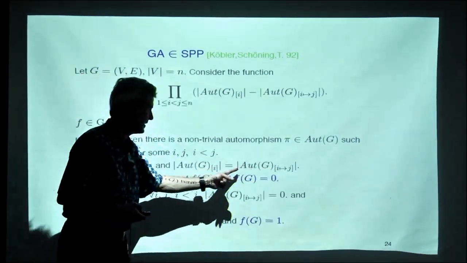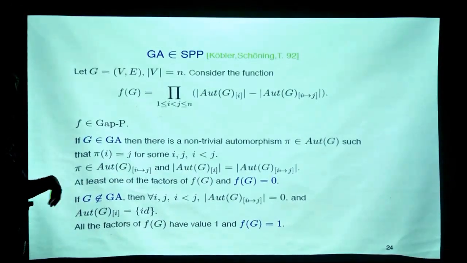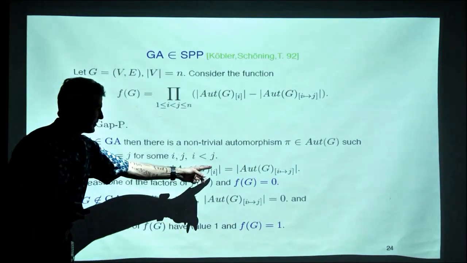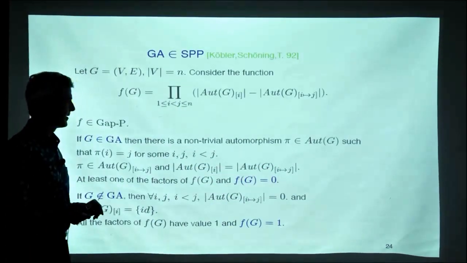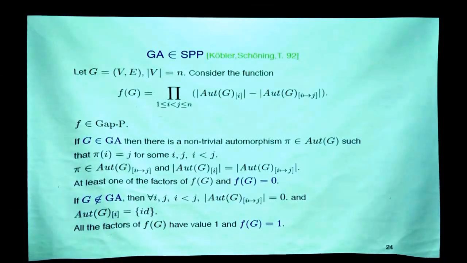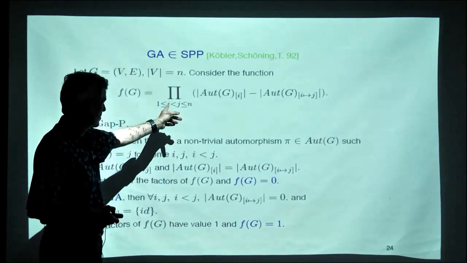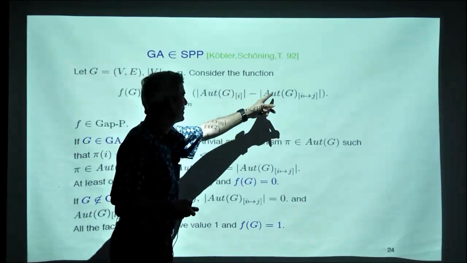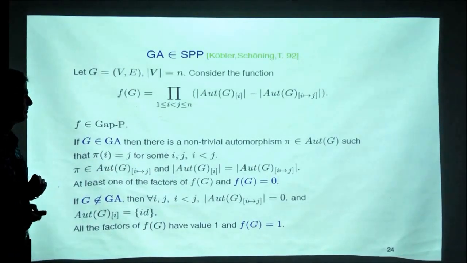No, the two cardinalities are the same: the number of automorphisms fixing i, that is, automorphisms mapping i to itself, and the automorphisms mapping i to j. By the coset properties, these are the same. So for this i and j, which have a big total, but for the correct i and j, these two numbers coincide, so we have here a zero factor, so the whole thing is zero.